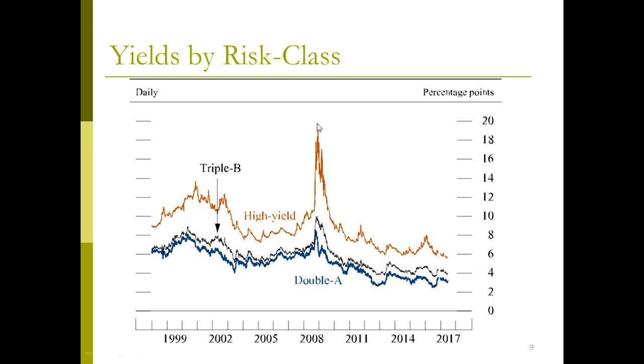But you see, the high yield or junk bonds have to offer you as high as 20% to attract investment, while the double A offers on average about 8%. Investors will be happy to invest. So rating is very important. The higher the rating, the lower the financing cost to the company. So companies are always trying to maintain a very good rating, because if the rating is good, they do not have to offer a very high return to the investors.